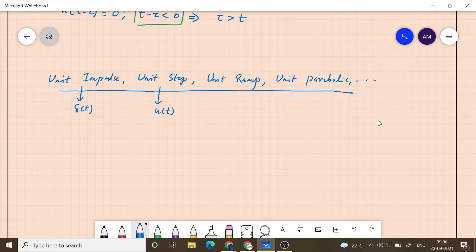Now you can call the impulse u0 of t, and u of t you can call u1 of t, and then the unit ramp, usually called r of t, you can call u2 of t, and then the parabolic, p of t, you can call u3 of t, and so on.